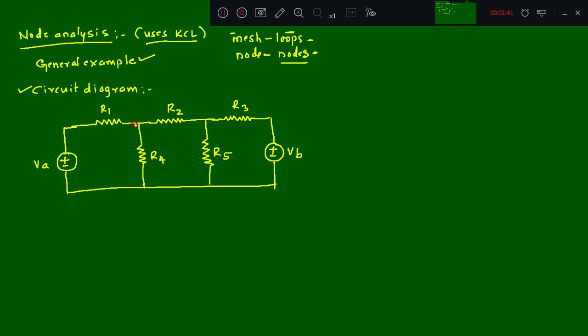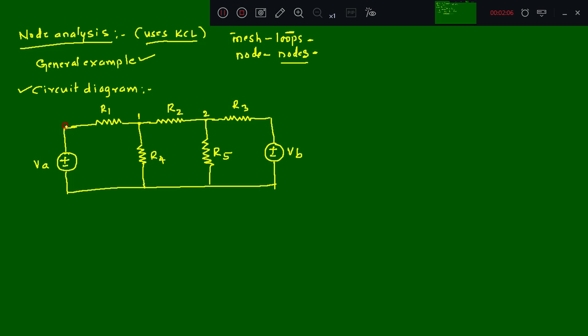How to identify the nodes? That is very important. A node is a point in the circuit diagram which connects at least 3 elements. Here, this point connects R1, R2, R3, so we call it node 1. This other point connects R2, R3, R5, so we call it node 2.